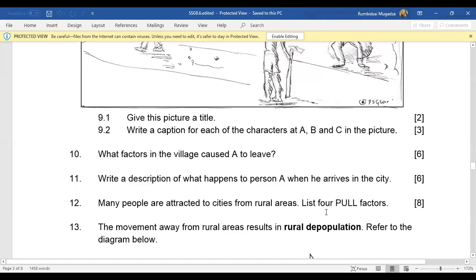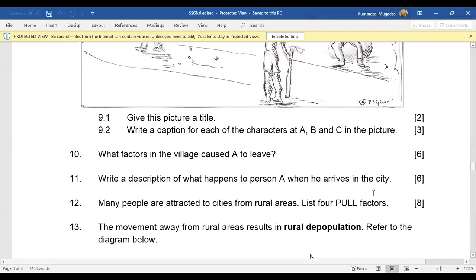So what attracts people to go to the cities? So we're supposed to mention 4 pull factors. Better quality education. Thank you, Lisedi. What else? Better living condition, better housing. That's correct. So those are pull factors, okay.